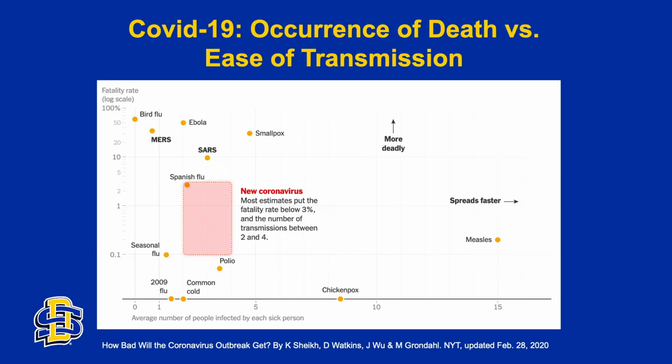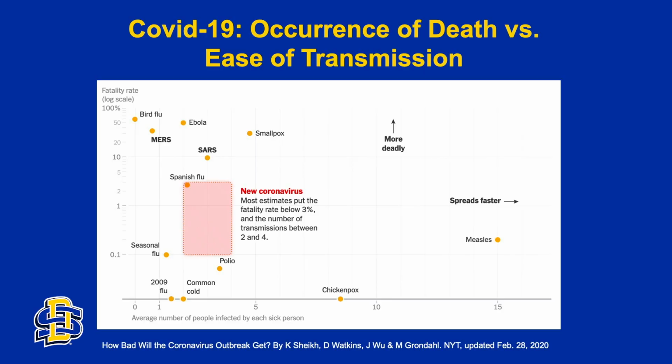This particular virus is very similar to that flu of 1918 in that it is fairly infectious. They estimate that for every person that gets infected, they're going to infect 2 to 2.5 other people.